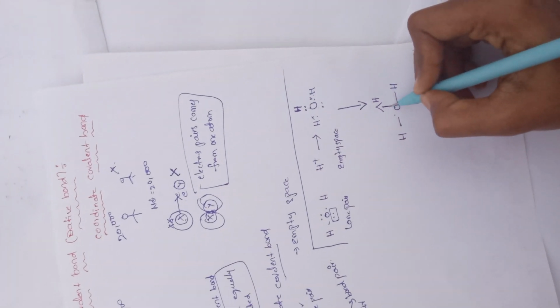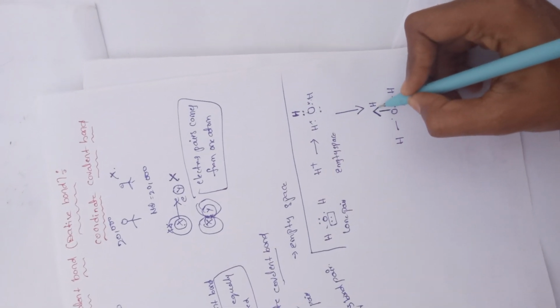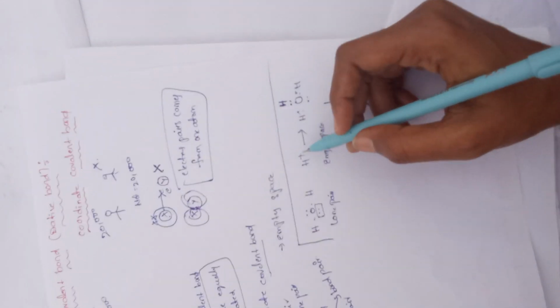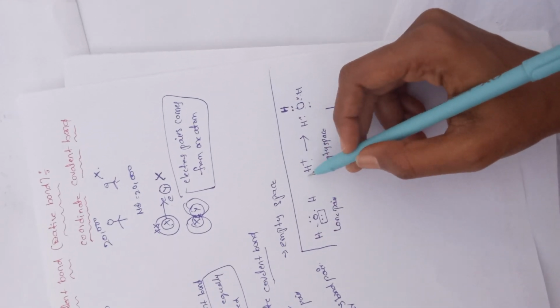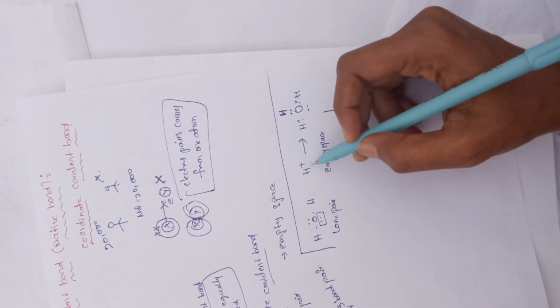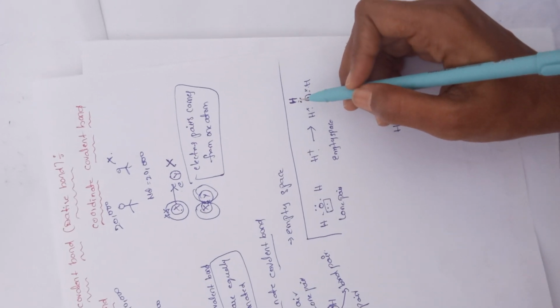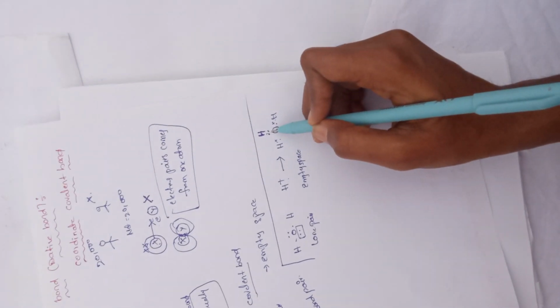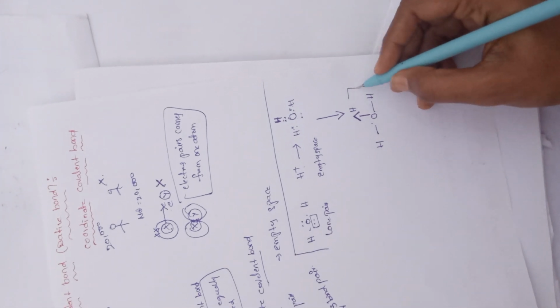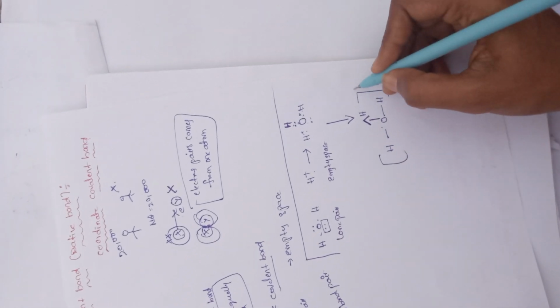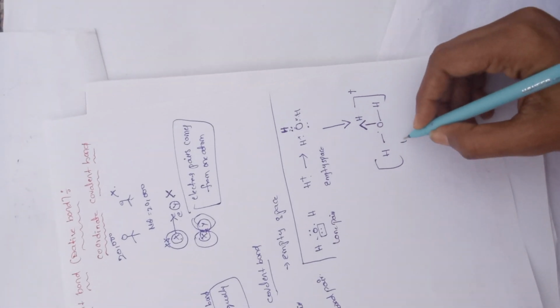This bond is the coordinate covalent bond. That means the empty space, the H plus ion, is attached to this. They form the coordinate covalent bond. So this is the hydronium ion.